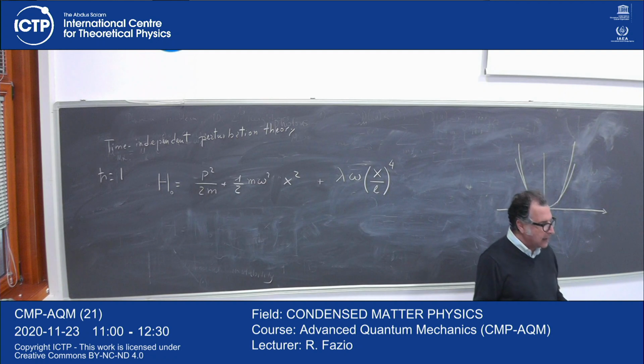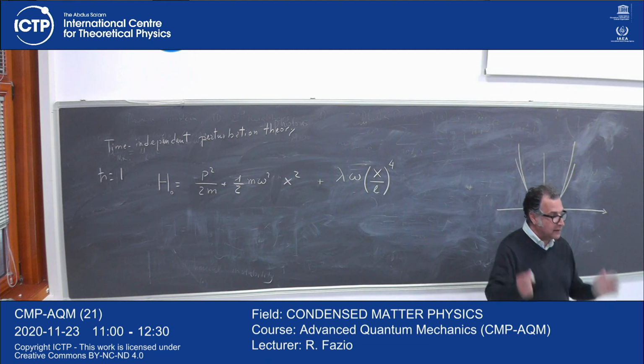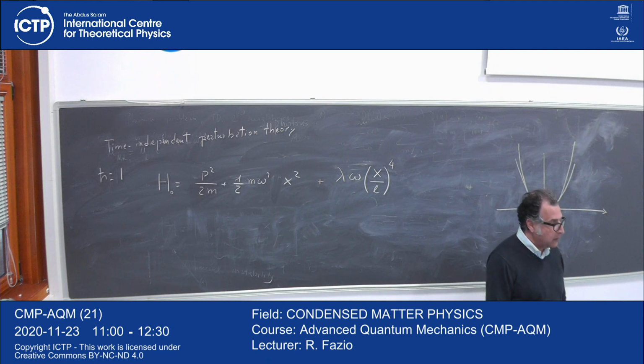And the next thing I would like to know is if perturbation theory is valid provided that lambda is smaller than 1, or smaller than whatever. Okay? So you have to tell me, I did this calculation and the calculation is valid when this expression is much smaller than 1. Okay?